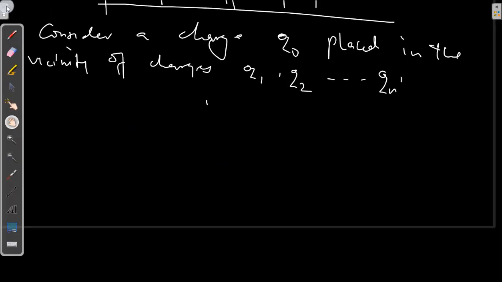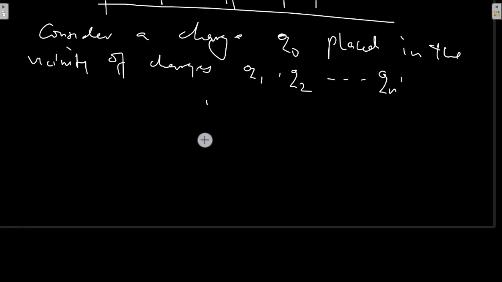I'll illustrate this with a diagram. We have a charge Q0. Let's assume it's positive. We have Q1 here, Q2 here, Q3 here, and many other charges up to Qn. Let me give them some polarity: let this be negative, let this be positive, positive, and maybe negative here.